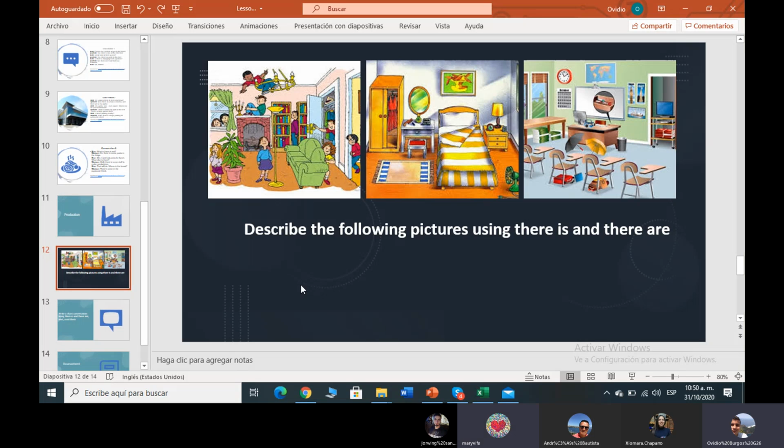There is one children on the... esa partecita, no sé cómo se dice. Aquí donde es como el fogón, ¿cómo se llama eso? Donde está la leña. And in the chimney. Ah, bueno, on the chimney. Ok, encima.